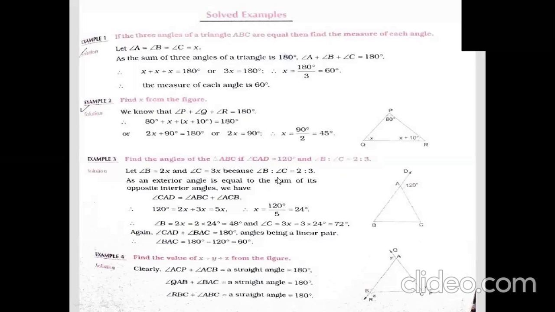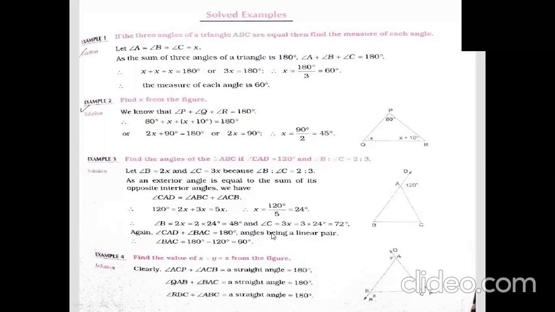As an exterior angle is equal to the sum of the two interior opposite angles, we will write here 120 degrees is equal to angle ABC plus angle ACB. That is 120 degrees is equal to 2x plus 3x. So x is equal to 120 degrees divided by 5, that is 24 degrees.